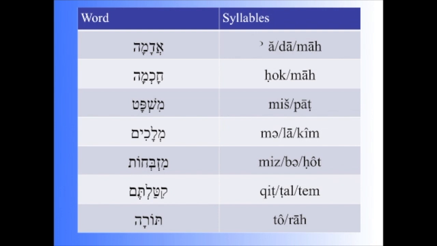So the lamed kamets is going to be another open syllable, followed by the closed syllable at the end, melachim. If we look at the word following that, you'll notice there are two shvas. And the rule here is the first shva is silent, the second is pronounced. So, miz bechot.